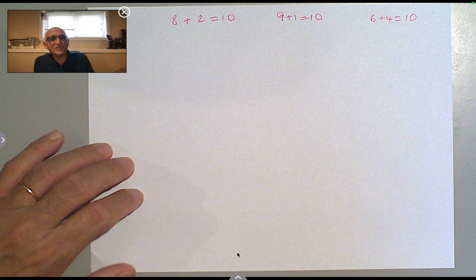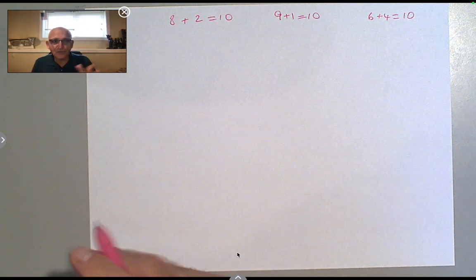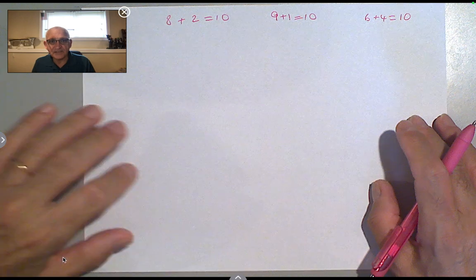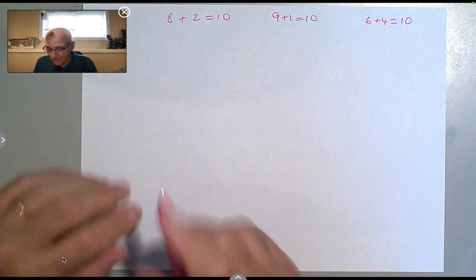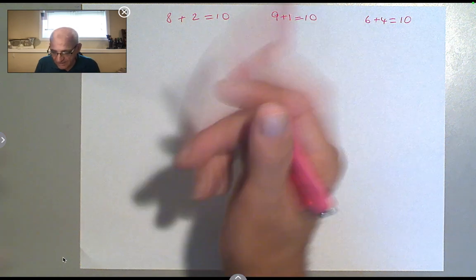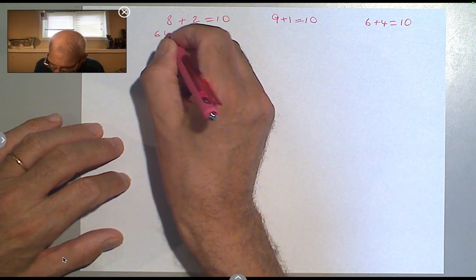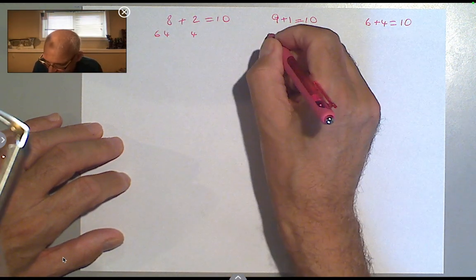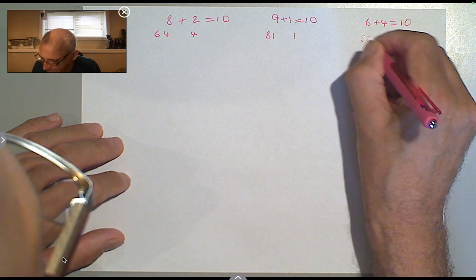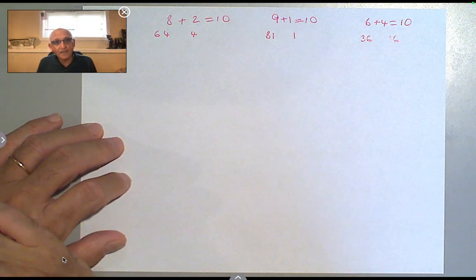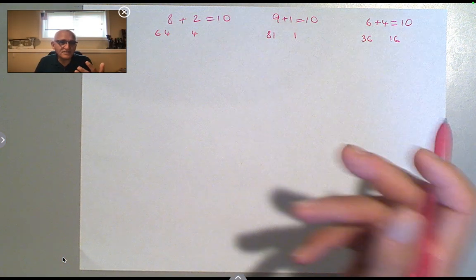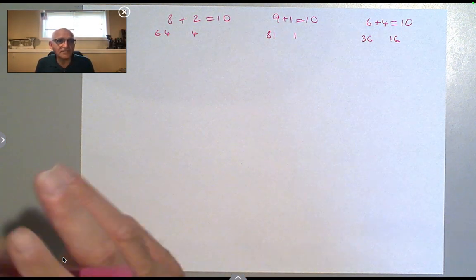The first observation, which I believe many of you already know, is that when you square these two numbers that add up to 10, they always end up with the same digit, right? 4, 4, 1, 1, 6, 6, which is nice, but not really helpful so far.